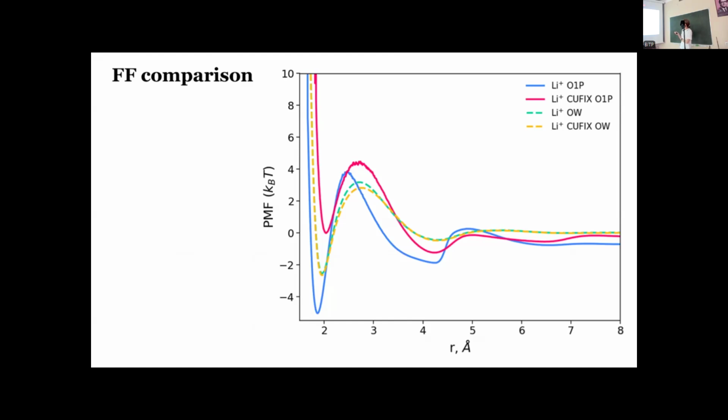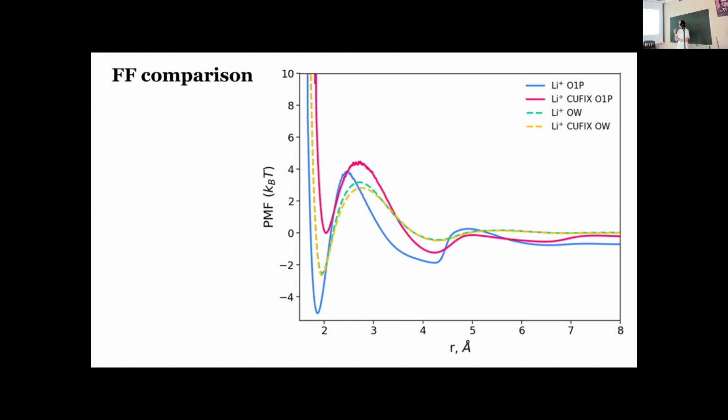You can see that with the Q-fix changes, in the case of lithium interacting with the oxygen atom of phosphates, the potential well becomes much more shallow compared to the Young-Chetnam parameters, while in the case of lithium with the oxygen atoms of water, it's still deep.